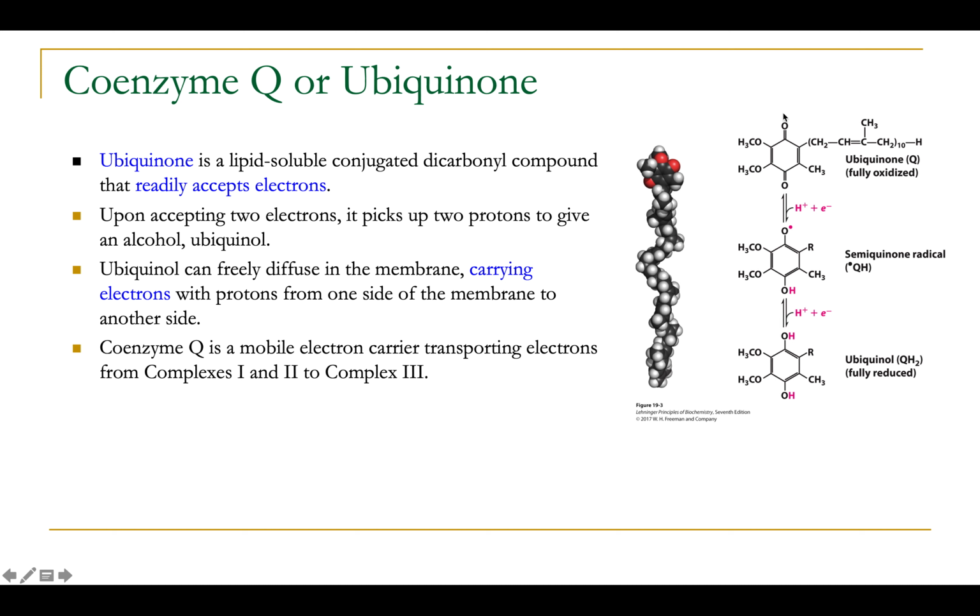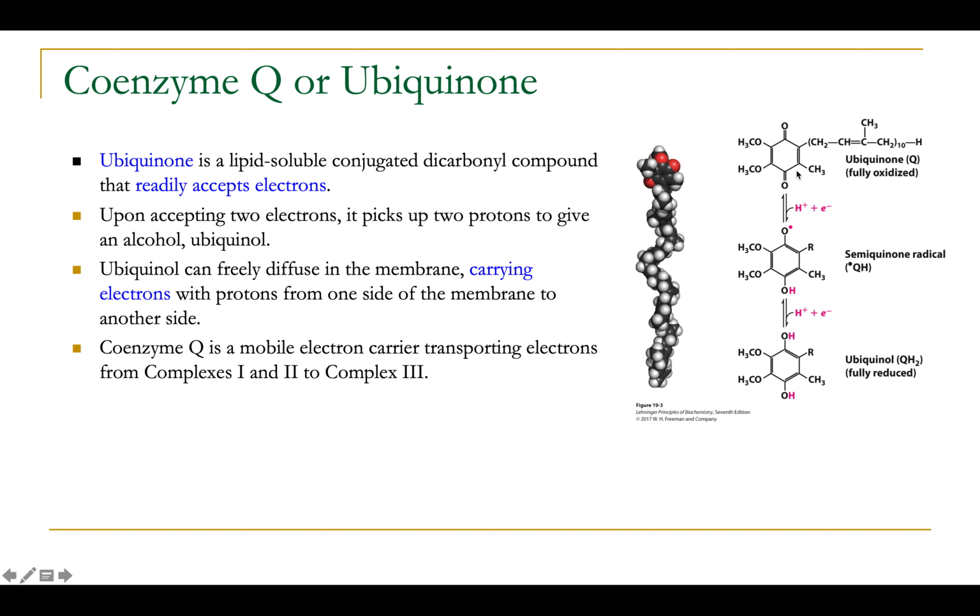So the benzoquinone group is gaining its electron affinity redox properties due to various extent of electron delocalization, similar in a sense to flavin-based electron carriers.